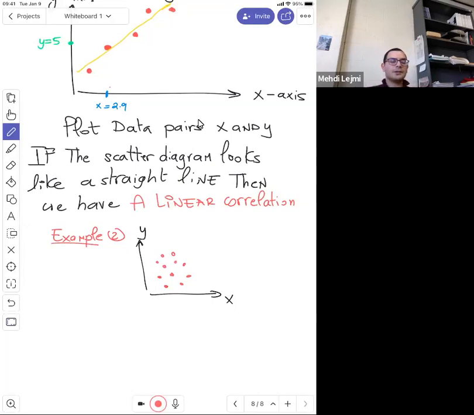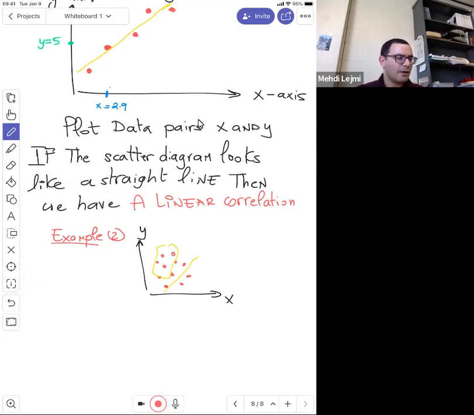As you can see in this example, the data doesn't resemble a line. Because you're supposed to take a line which is the closest to each point. But if you take, for example, this line right here, then you're going to have some points which are far from the yellow line.